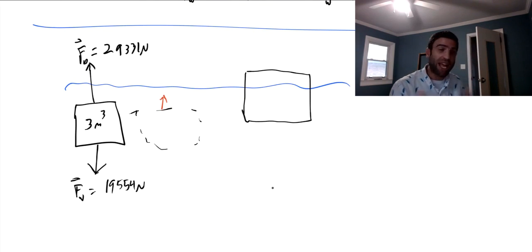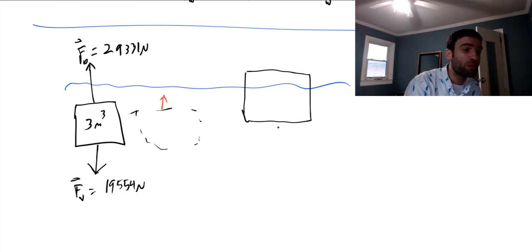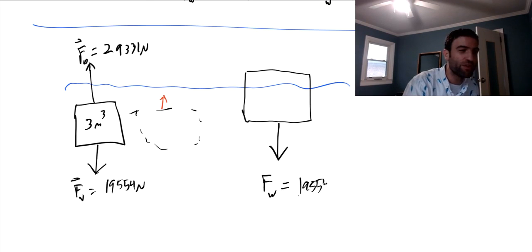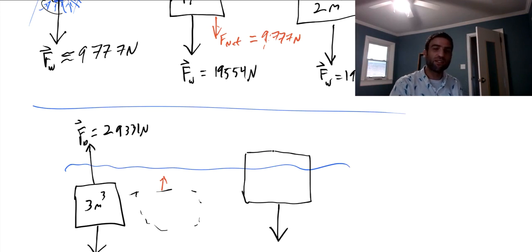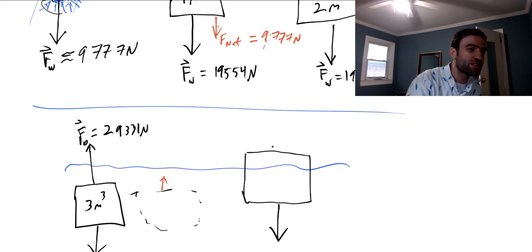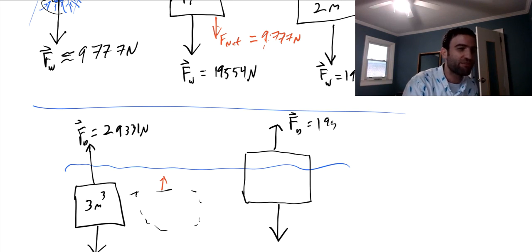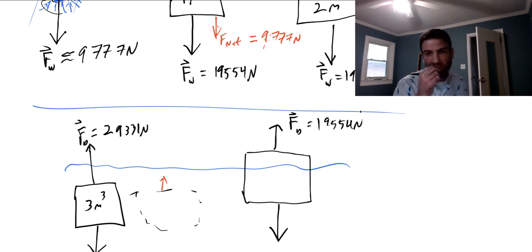And we can figure out how far above the surface it is going to float, because the mass of the object has not changed, right? So the downward force is still 19,554 newtons, and it's going to rise until there's no net force on it anymore, right? It will then no longer experience any accelerations. So I know that the net force acting up on this has to be, at the end of this process, 19,554 newtons.